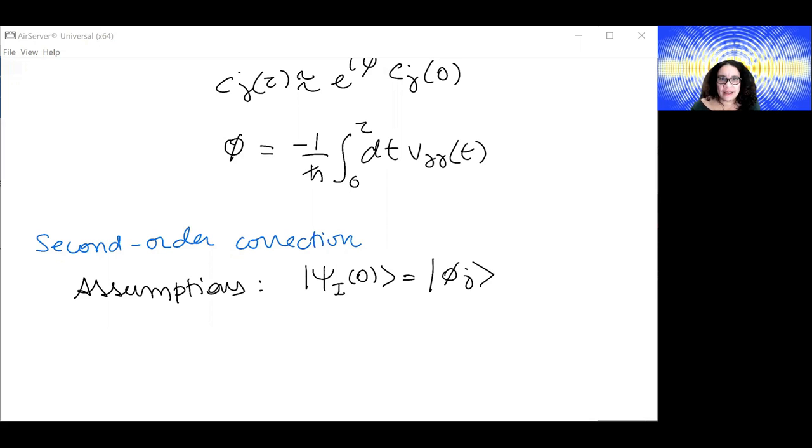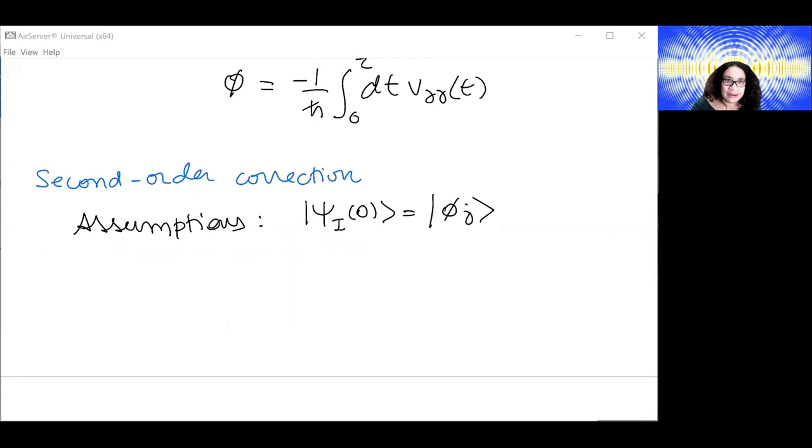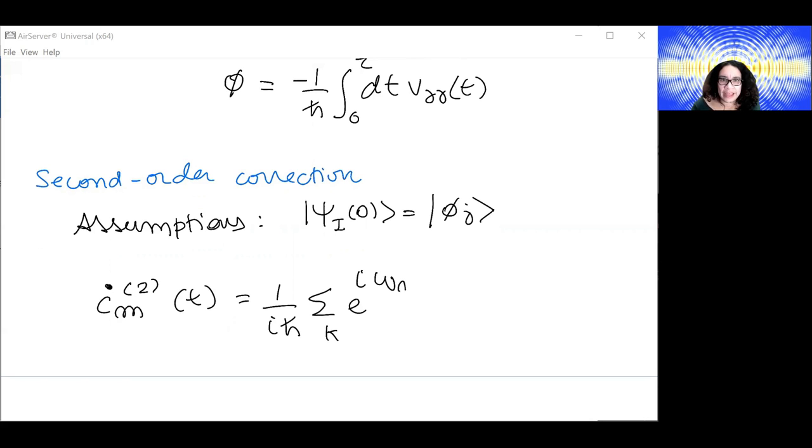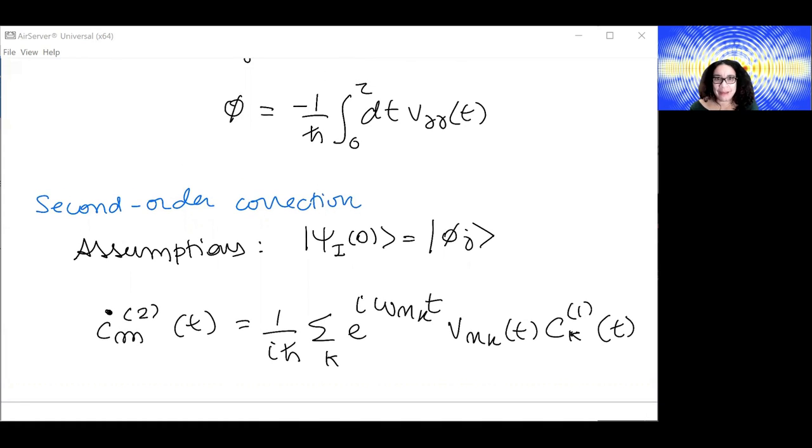And we know already the expression for the second order. Remember that Cm dot t was 1 over i h bar sum over k e to the i omega nk t V nk t c k to the first order t. But now remember that we know the first order.